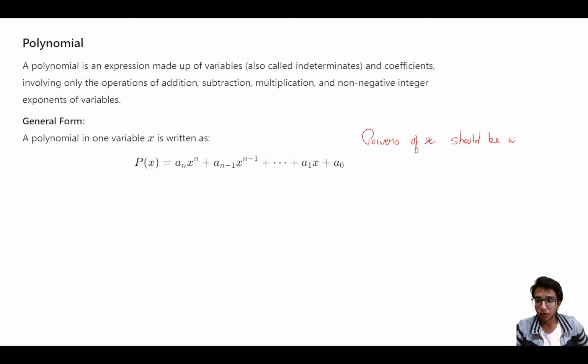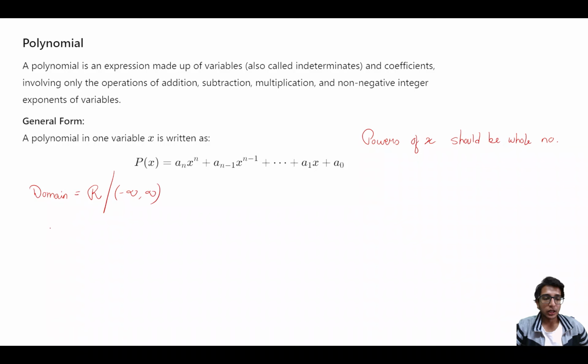If it is not a whole number, then it cannot be classified as a polynomial. Then it would become some other function. So keep this in mind. Apart from that, the domain of a polynomial is generally R, all real values ranging from minus infinity to plus infinity.